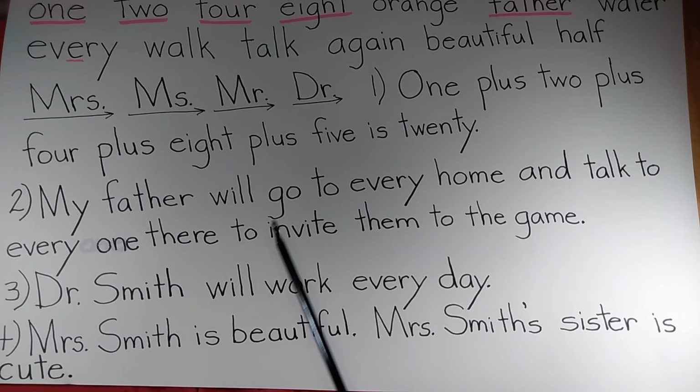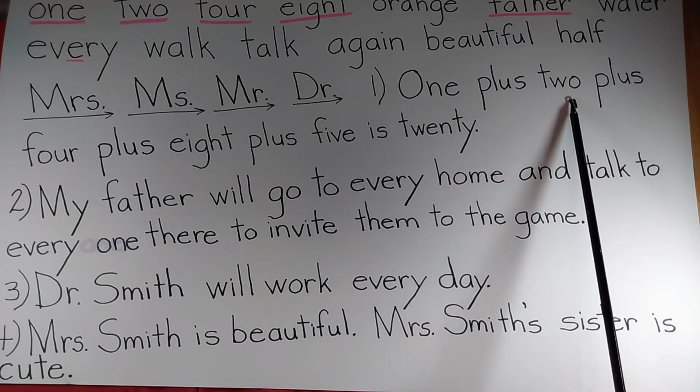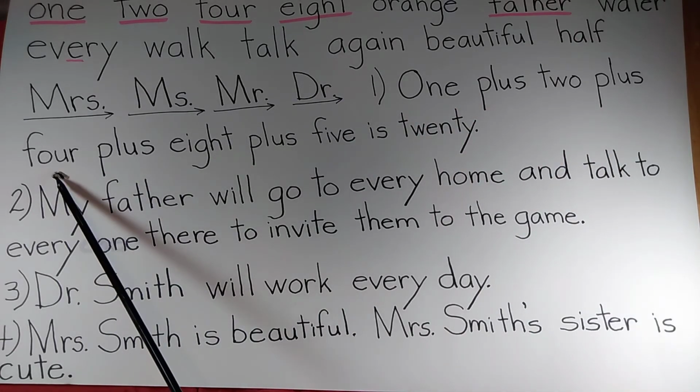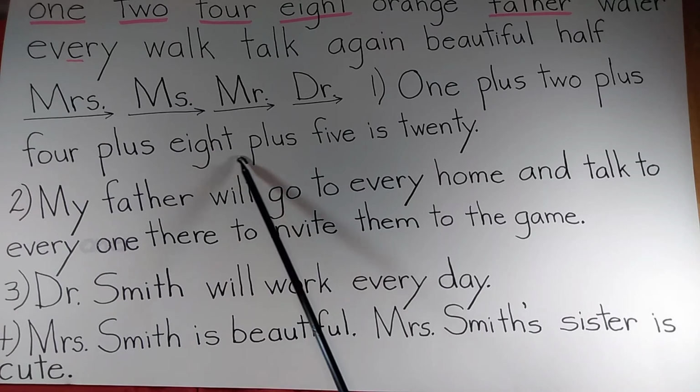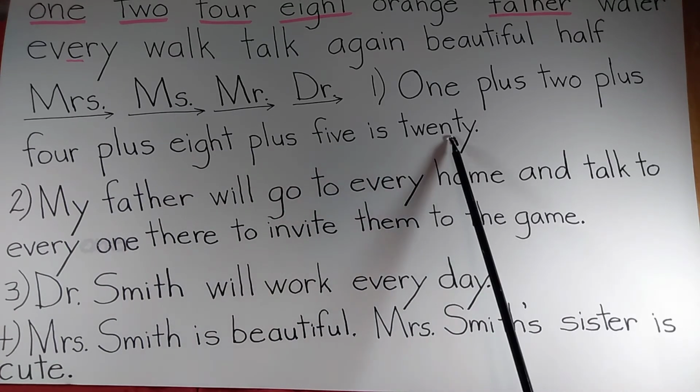Okay, my answers: 1 plus 2 plus 4 plus 8 plus 5 is 20. Now, with a very young student, they may have to make marks, or you can use coins or something, and give them a little math practice with this.